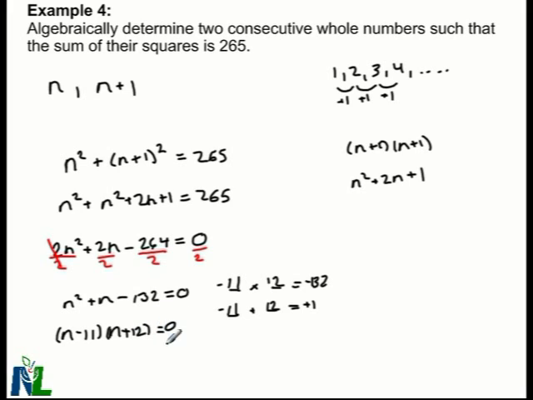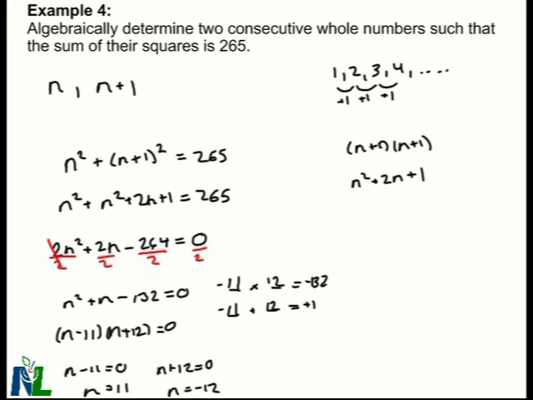But I need to further go ahead and solve this. So using the zero product property, I set both equal to 0, giving me answers of n equals 11 or n equals negative 12. Now reading the problem, it did say that they're two consecutive whole numbers, so I cannot use negative numbers in this example.